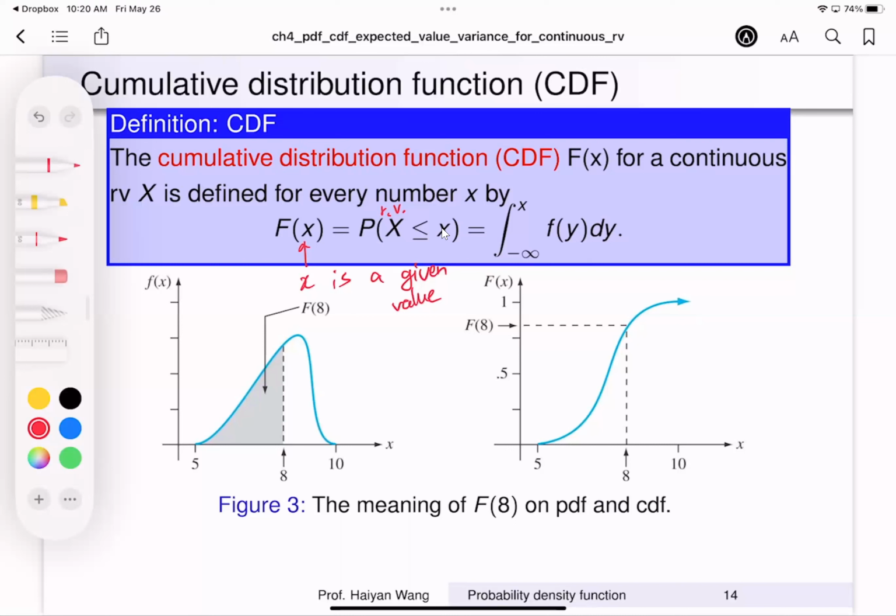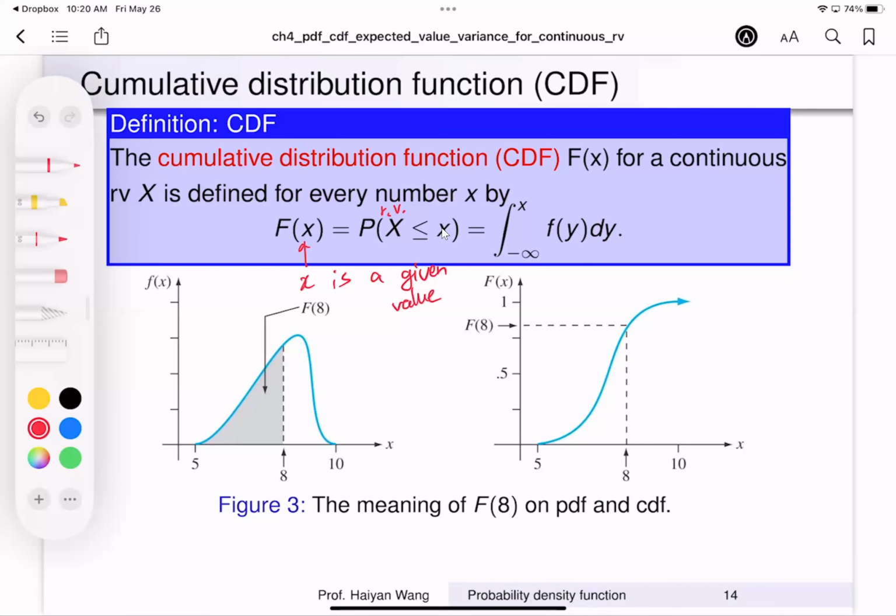That's the CDF. Because as we increase the little x, we have more and more area being included, increasing x will only make the CDF bigger and bigger. Therefore, the CDF curve will always increase for a continuous variable.